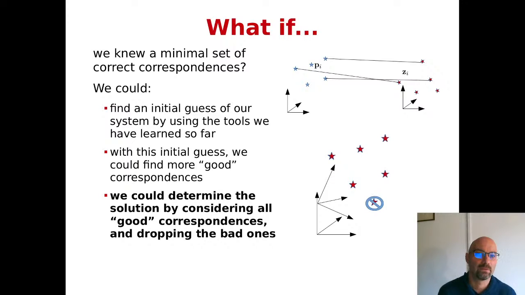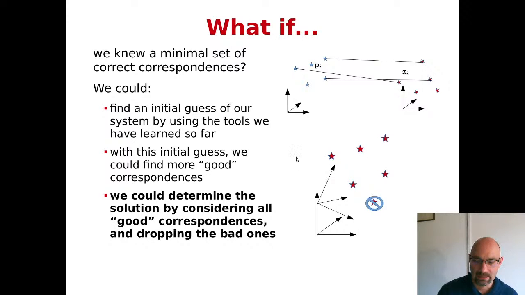In case of images, you could run the very same procedure, only that the minimal set, instead of consisting of 3 points, consists of 8 points, because we have seen that the 8-point algorithm is called this way because it requires 8 points to compute the solution. So you will need, in this case, 8 decent correspondences to bootstrap your system.